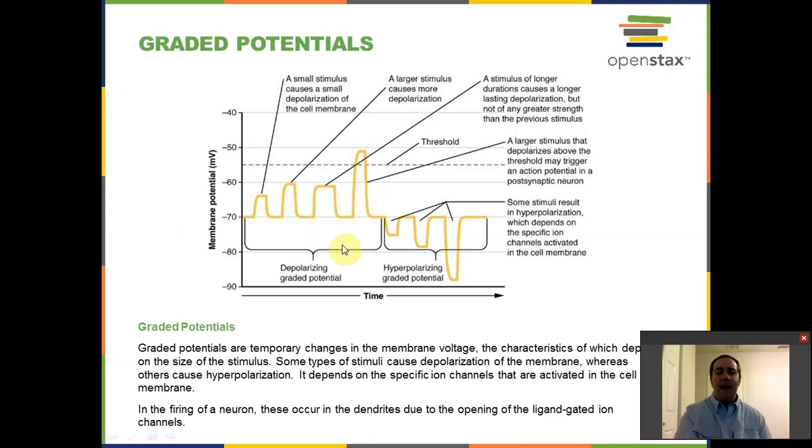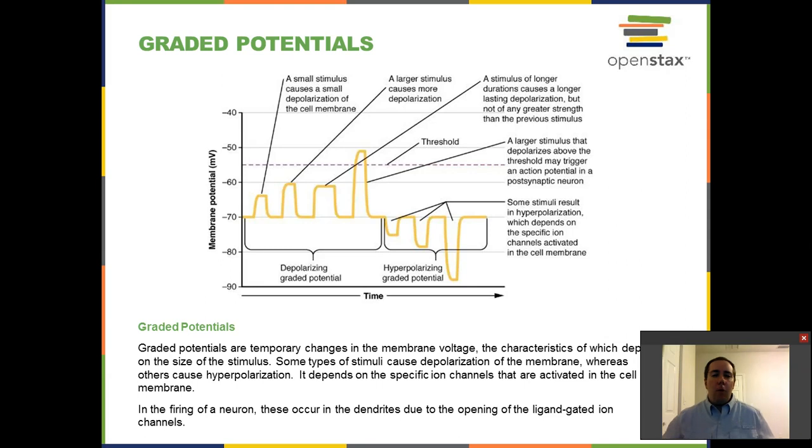Sometimes we hit high enough that we get the negative 50. When we hit negative 50, we're going to cause that action potential. This is showing that even though in most situations our graded potential is going to go up towards zero, it is possible for a graded potential to go down.